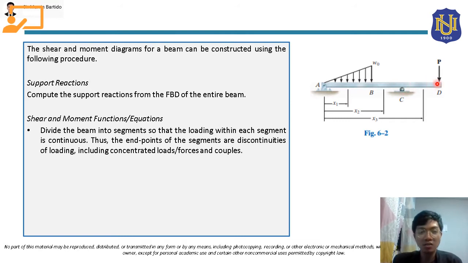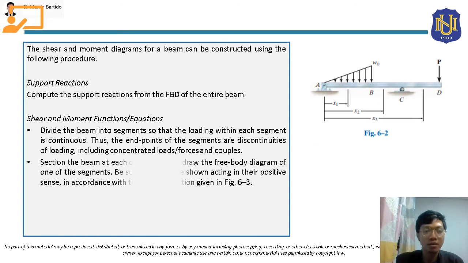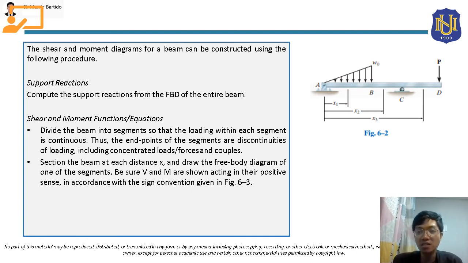Okay, so that's the first step, how we have to divide the beam into segments depending on its load. Again, we will have segment AB, segment BC, and segment CD. So class, section the beam at each distance x. For every segment, class, we are going to section the beam, the segment of that beam.